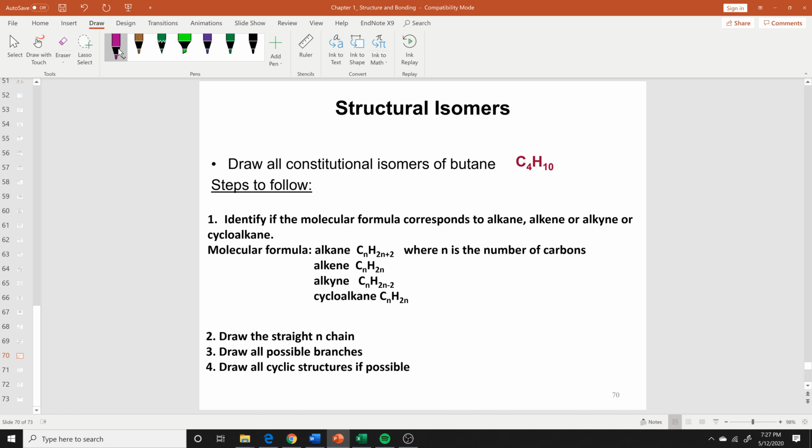The first thing is you need to identify what type of hydrocarbon you are working with. If you are working with an alkane, with an alkene, or with an alkyne. Alkane is whenever you have carbons with single bonds. Alkene is when you have a carbon with a double bond to a carbon, and alkyne when you have a carbon with a triple bond to a carbon.